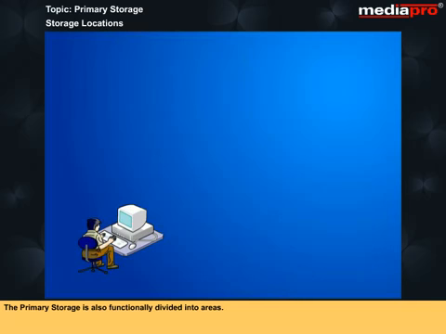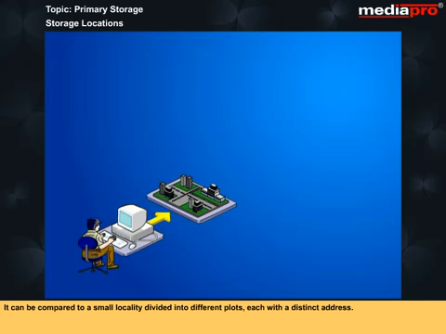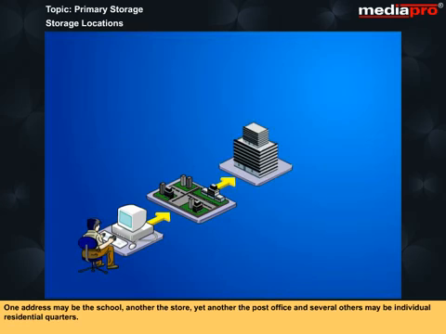The primary storage is also functionally divided into areas. It can be compared to a small locality divided into different plots, each with a distinct address. One address may be the school, another the store, yet another the post office, and several others may be individual residential quarters.